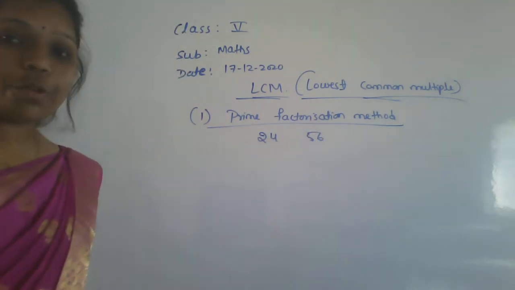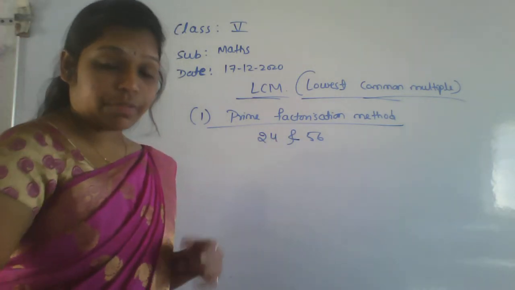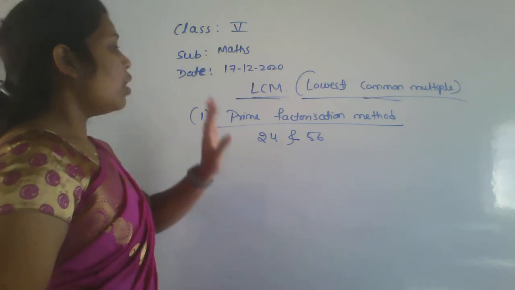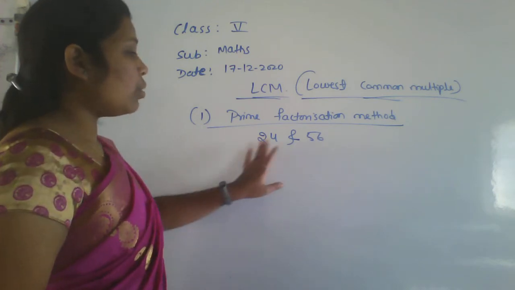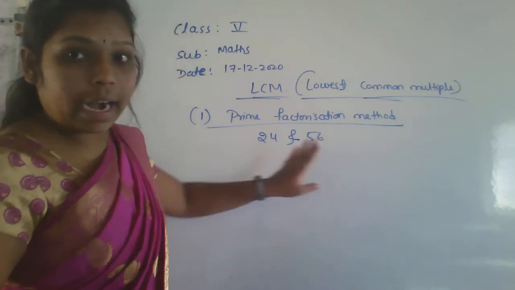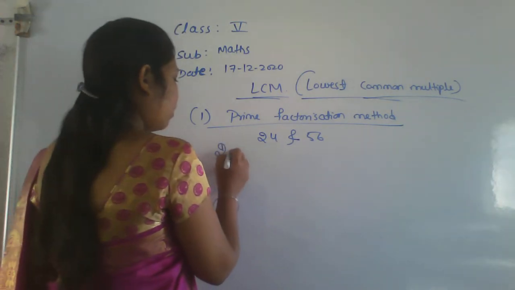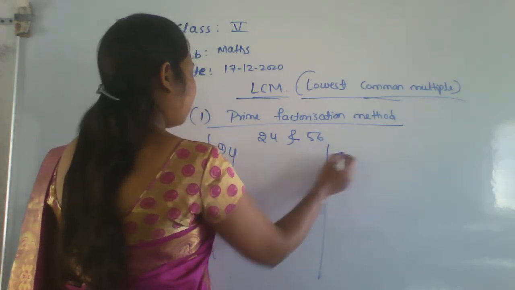You have to find the LCM of 24 and 56. Since we are doing the prime factorization method, we first have to find the prime factors of 24 and 56, the same process.